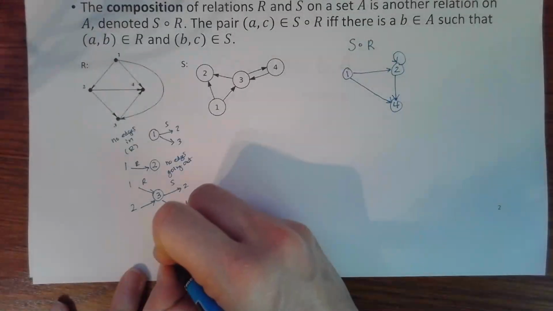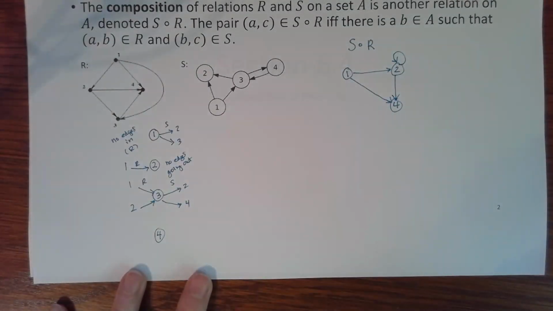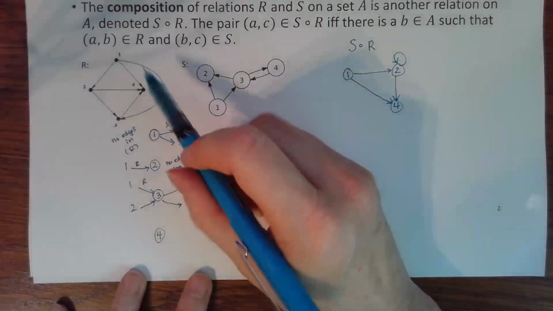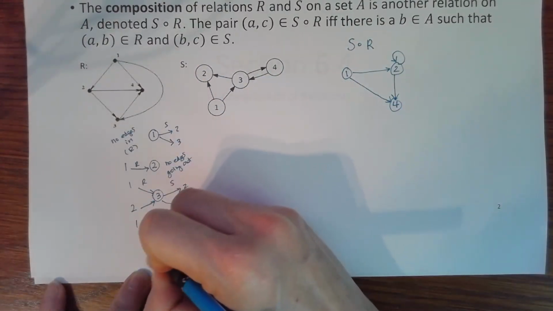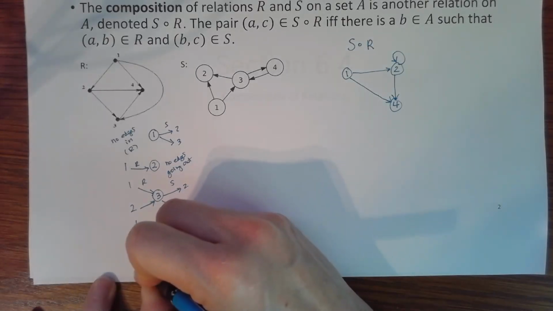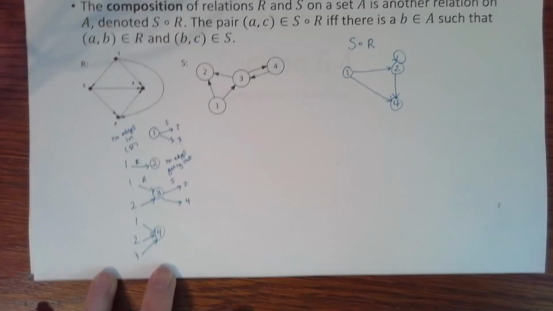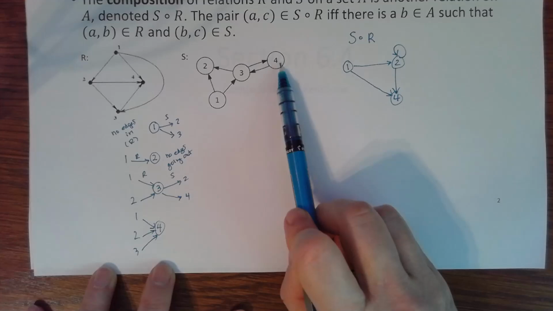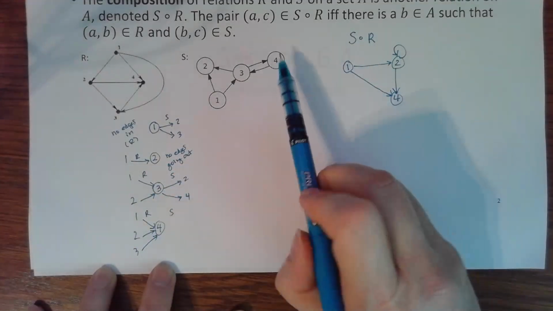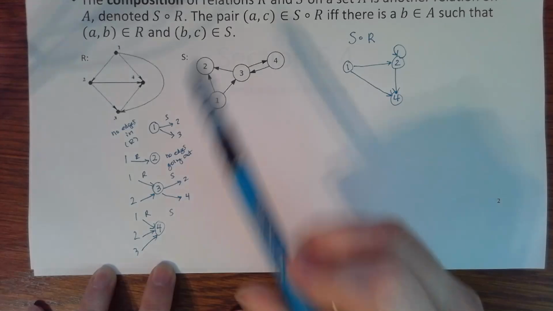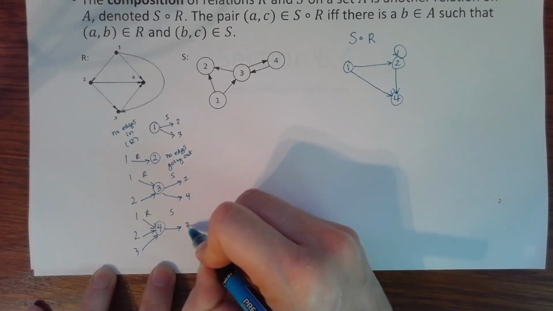And what about 4 as our middleman? Well, coming into 4, we've got 1, 2, and 3 all coming into 4, and these are all in R. Then over in S, coming out of 4, we just have 1 edge going to 3.